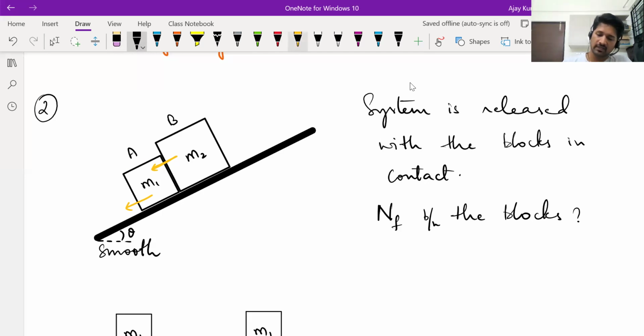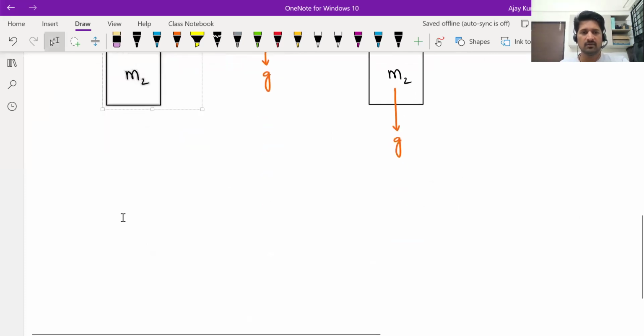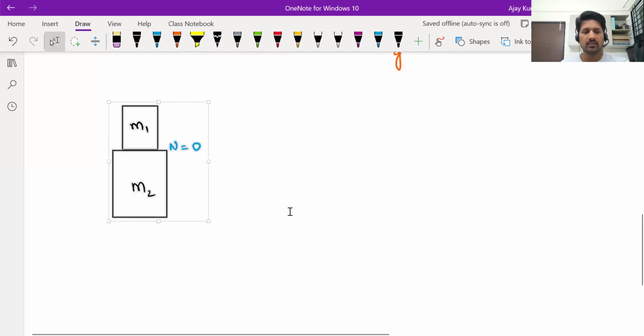Why did you agree that they won't push each other? Because you thought m2 goes faster, so m1 doesn't have to push m2. No. In this case, had m2 been on top, even then the answer for normal force would have been 0.